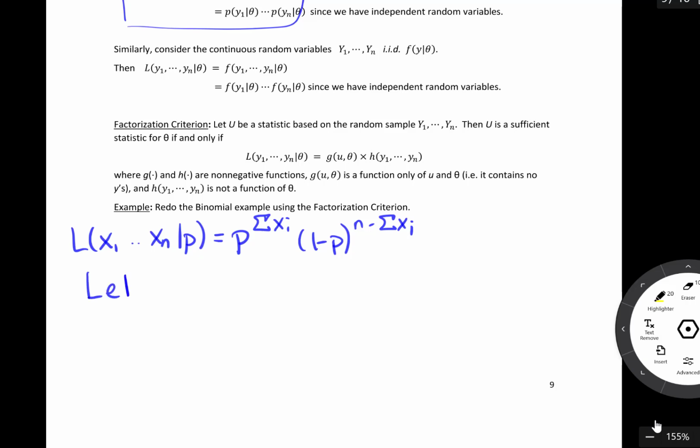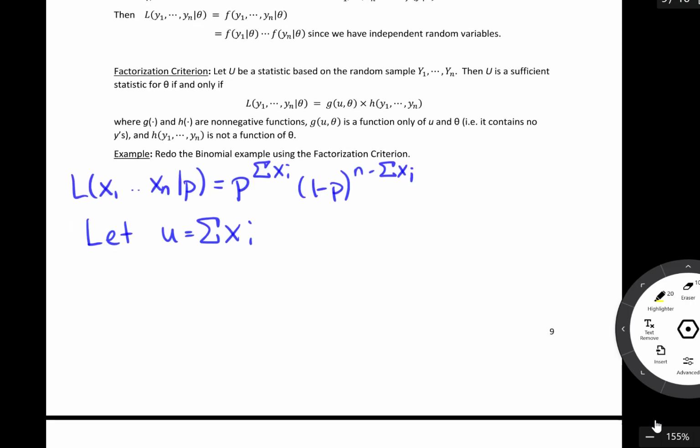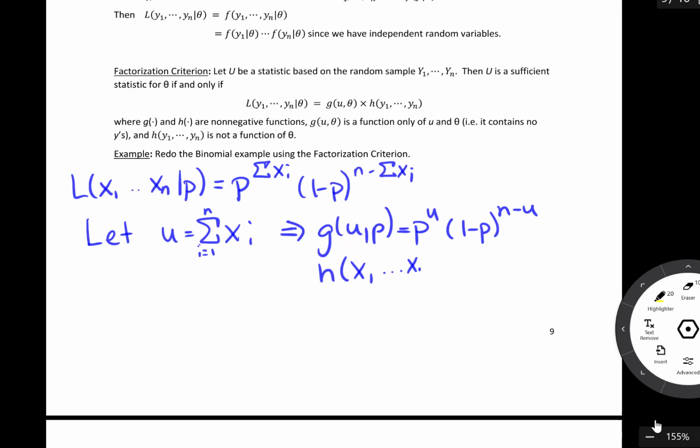So here, we're going to let U be equal to the sum of the xi. Alright, so we are going to let g of u and p be equal to p to the u, 1 minus p to the n minus u, and then we're going to let h of x1 through xn be equal to 1.